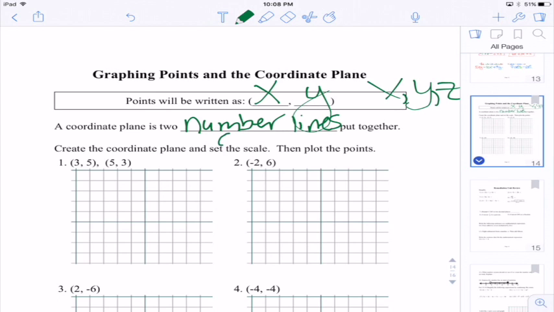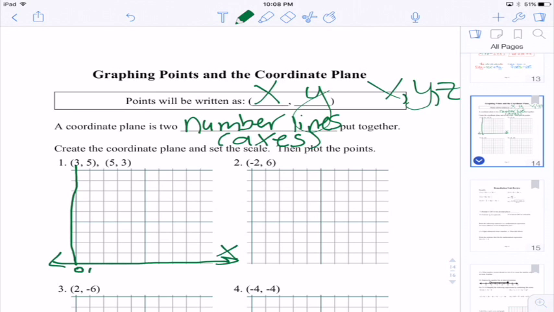A coordinate plane is two number lines, which we call axes sometimes, like the x and the y axis, but they're really just number lines. We've seen this one in science. So here's a number line. This is our x number line, our x-axis, and we're going to start our 0 where they cross.